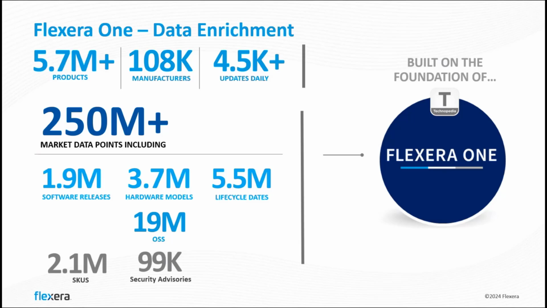Like the lifecycle is linked to the hardware model and the software release. It does include a lot of open source software information as well. And then I think the most impressive metric here is that it will be released on a daily basis. And there's typically more than 4,500 updates daily to the data in Technopedia.